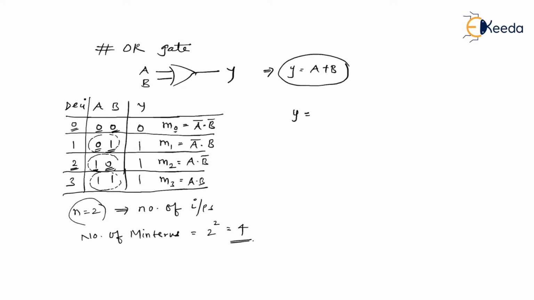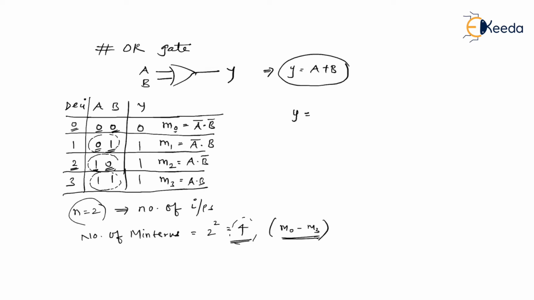Whenever you are writing the output equation, you have to consider only those min terms for which output is equal to 1. Meaning that even though there are 4 min terms from m0 to m3, all the min terms are not going to contribute in the output equation.